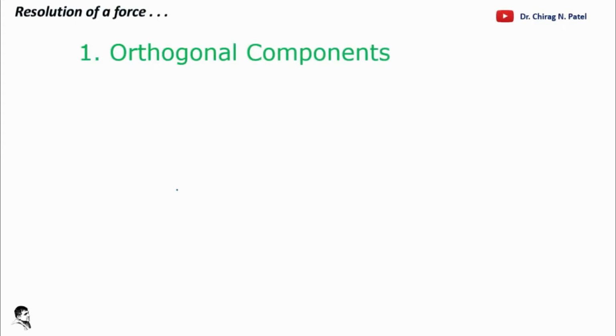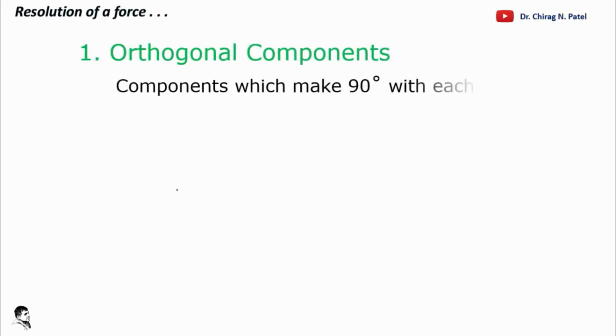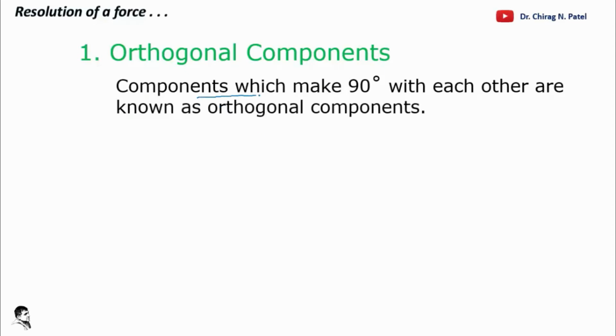Orthogonal components: we can say that when we resolve a force into components and those components make a 90-degree angle with each other, at that time those components are known as orthogonal components.